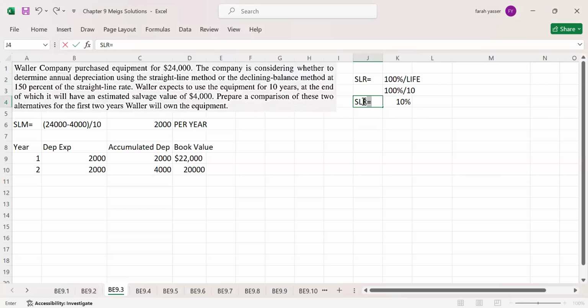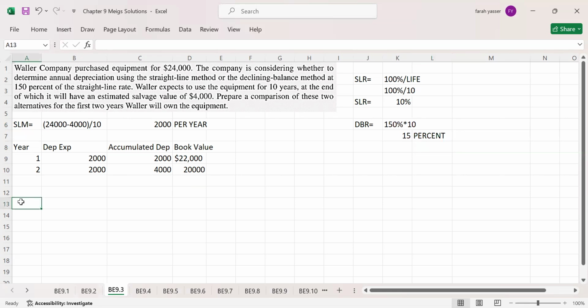So the straight line rate is 10%, whereas the reducing balance rate is 150% of the straight line rate, which would be 15%. So the declining balance rate is 15%, which is 150% of the straight line rate.